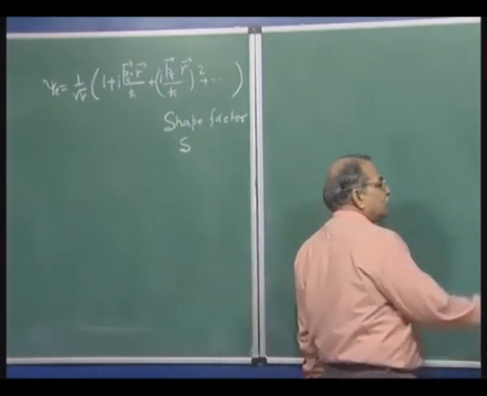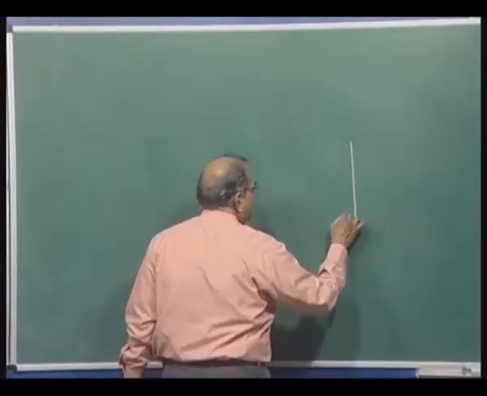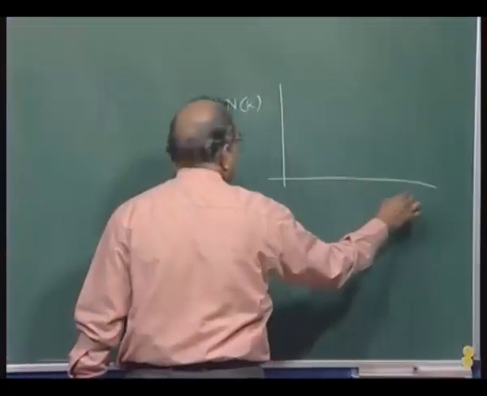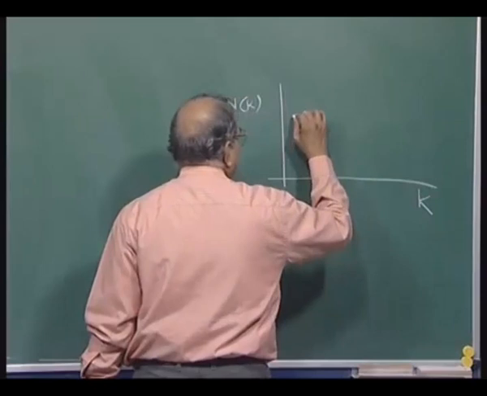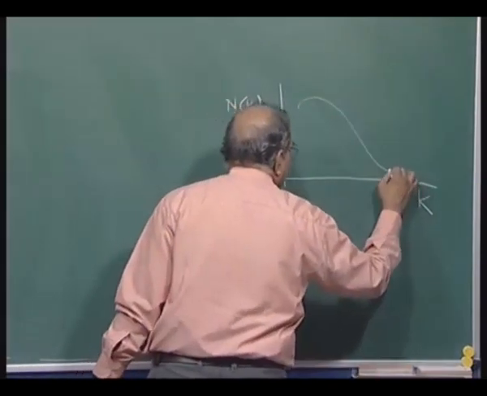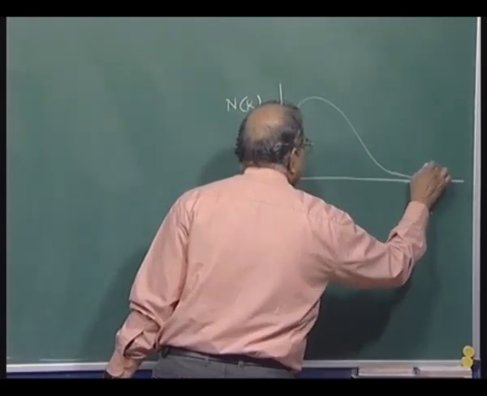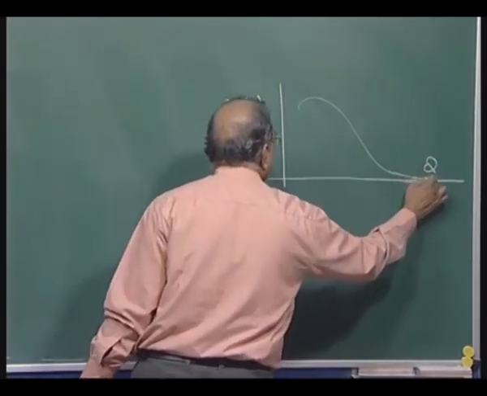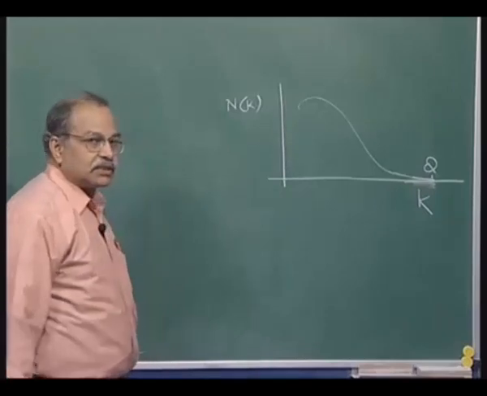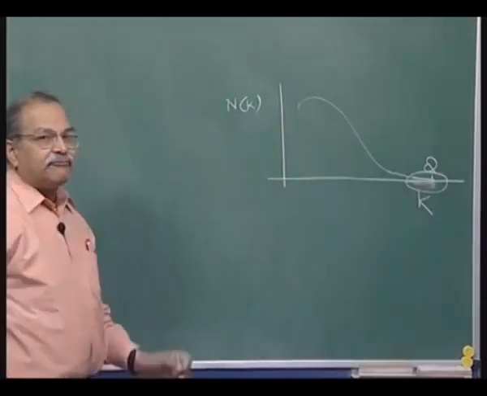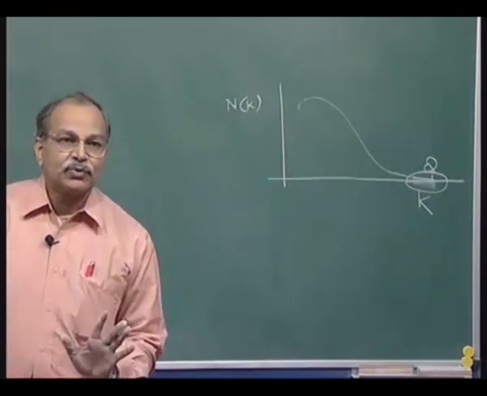But then if we look at the shape of this energy spectrum, say N_k here and K here, this is the kind of shape, and at the end point Q, when K is equal to Q, this whole probability becomes 0. Now, if you just look at this tail end, a few tens of electron volts only.